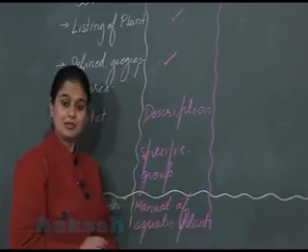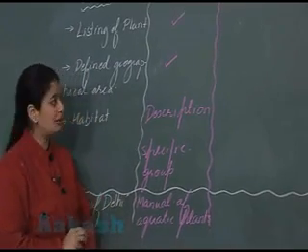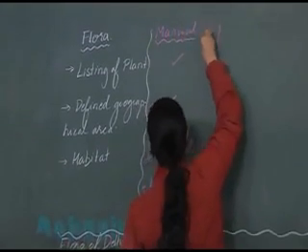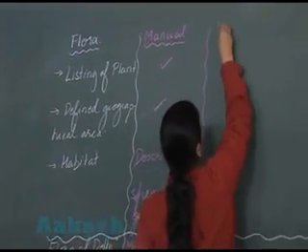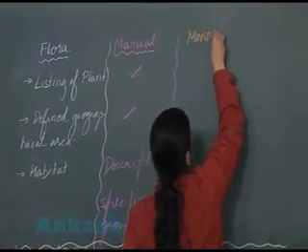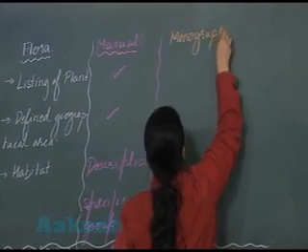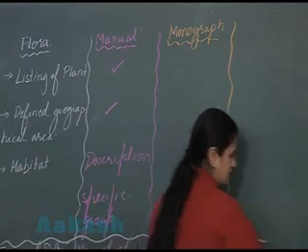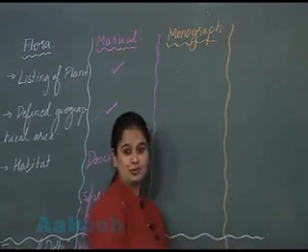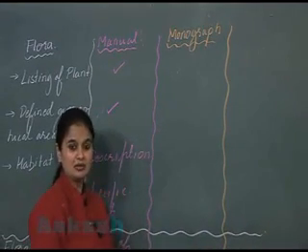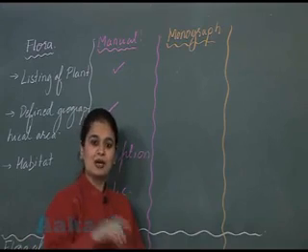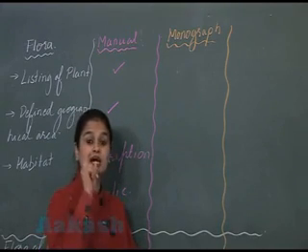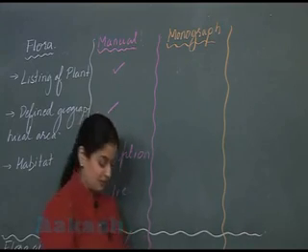Got this? Now after the manual, the next taxonomic aid is monograph. What do you mean by mono? Mono means single. So it gives information about a single group, a single taxon.